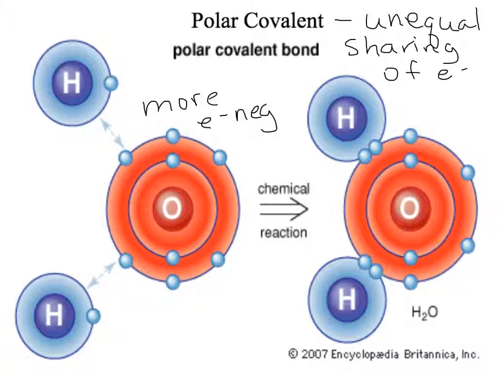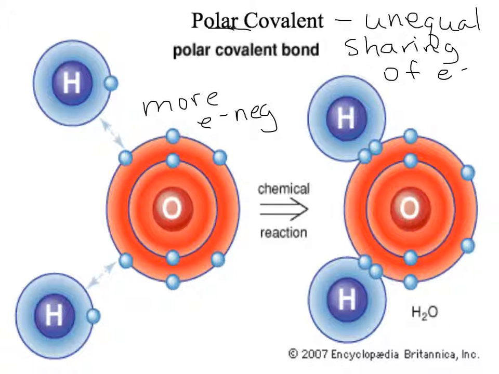Hydrogen, not so much. So hydrogen will donate more of its electron pair to oxygen than oxygen will donate to hydrogen. It's an unequal sharing. Kind of like a tug of war. If you have a larger side of tug of war, they're going to have more of the rope than the smaller side of the tug of war team. So that is an unequal sharing, and we call those polar covalent bonds.